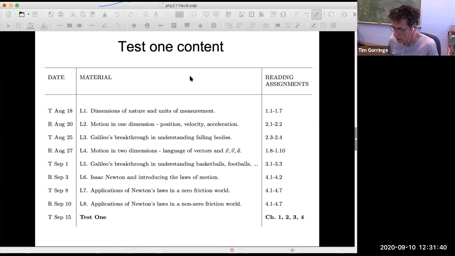Just as a reminder, the content is all the content since we began our class. So it's chapters 1 through 4. It's the work we did on dimensions and units in lecture 1, but then it's mostly work on kinematics, describing motion, and the most famous examples are falling bodies and projectiles.